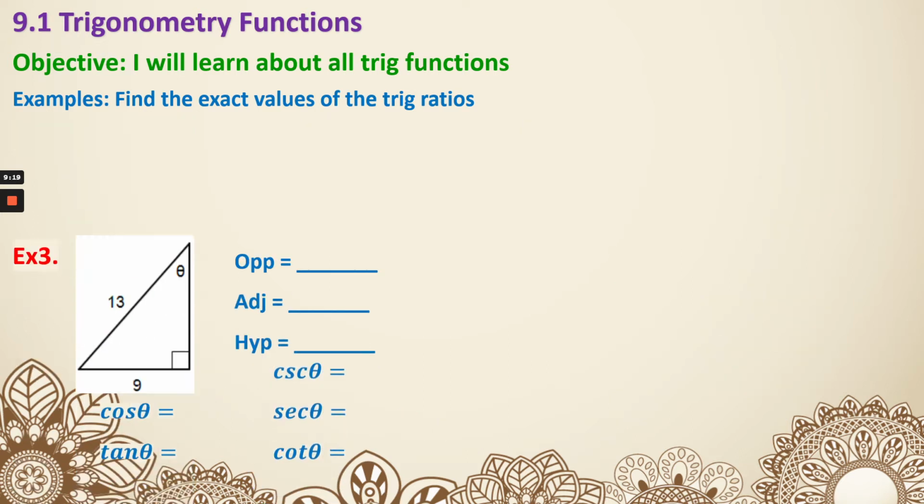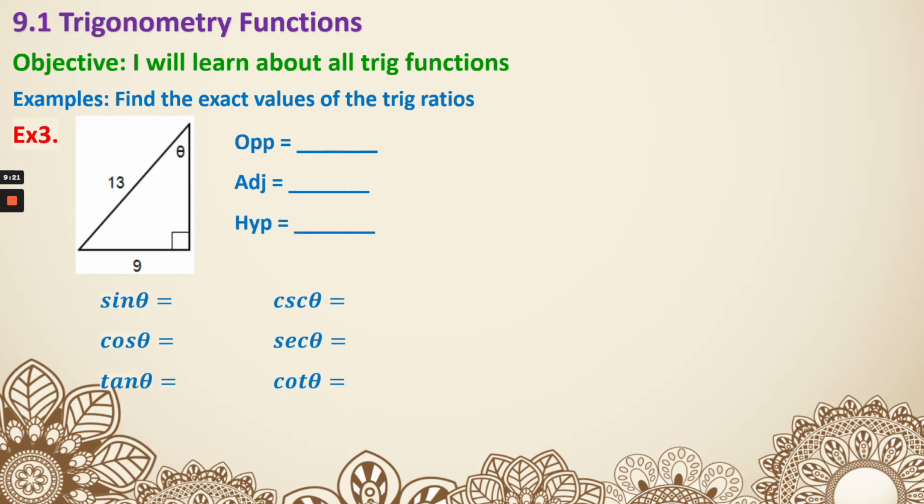Next, example 3. This time, you see we're given two sides, but we don't know the third one. However, just like in the prior knowledge, if we know two sides of a right triangle, we for sure can find the third side using the Pythagorean theorem. I'm going to skip that process. We will get that this side is 2 square root of 22. So opposite, we get 9. Adjacent, 2 square root of 22.